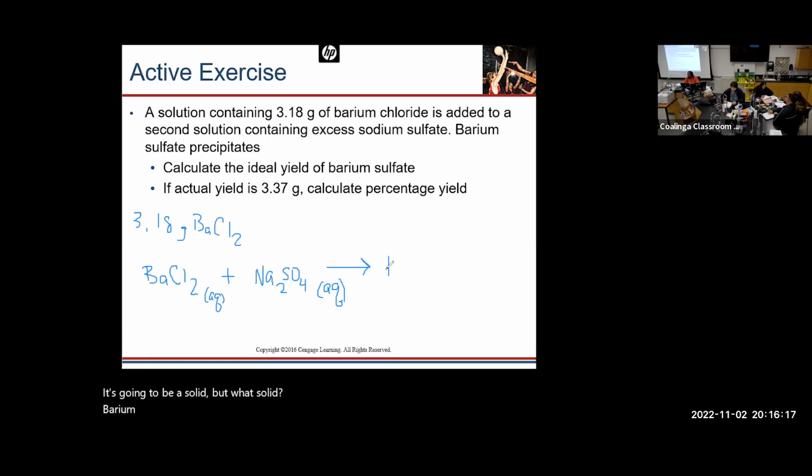Chemical formula for barium sulfate? How many bariums am I going to need to balance out the sulfate? Are you sure? It's balanced, right? Because barium is a group 2 metal, it's always going to be +2.